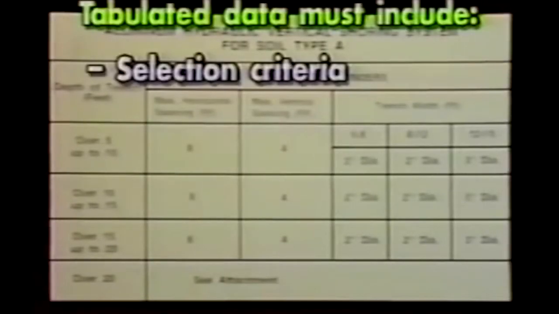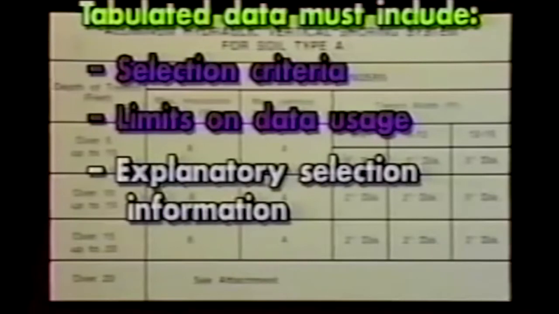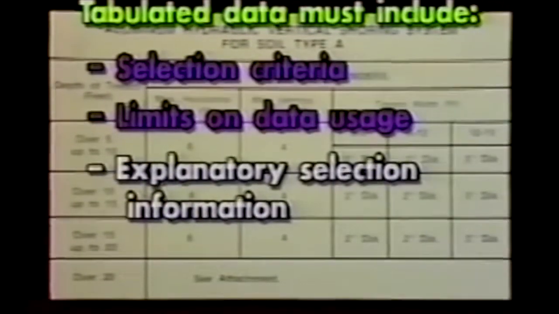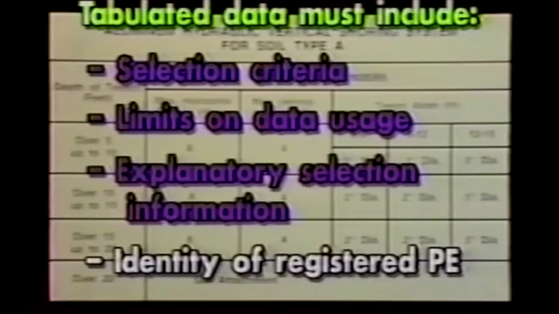The tabulated data must be in written form and include selection criteria, limits on data usage to include the magnitude and configuration of slopes determined to be safe, explanatory information necessary to aid the user to make correct selection of protective systems, and the identity of the registered PE who approved the data.